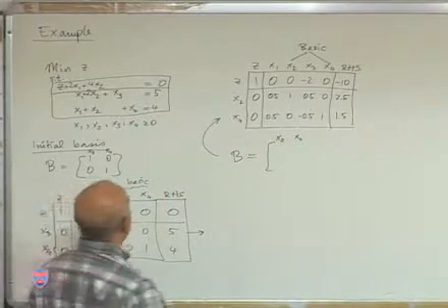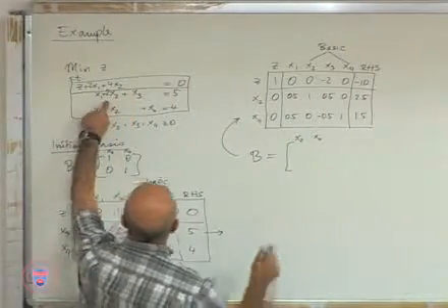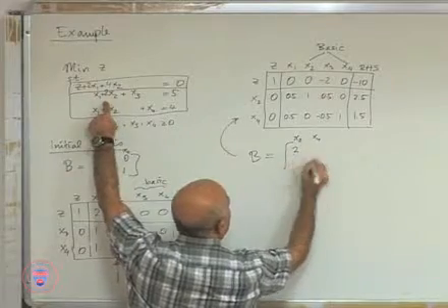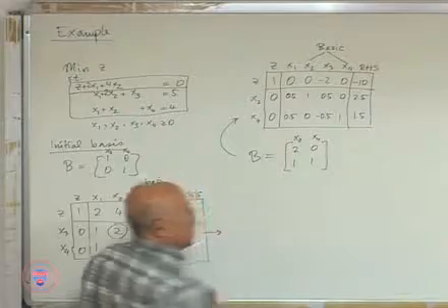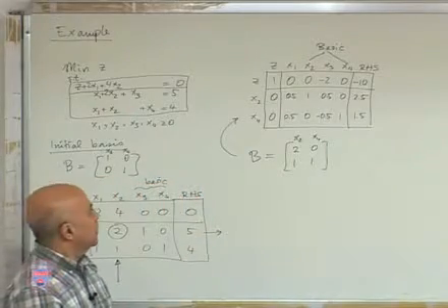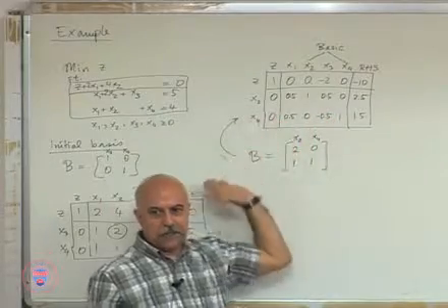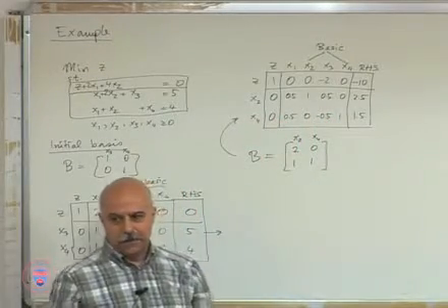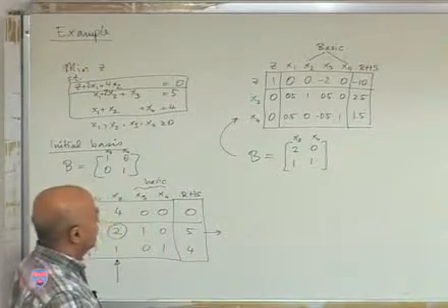The x2 column from the original is 2, 1. The x4 column is 0, 1. So that's your basis here. Of course, you don't see it here because in this tableau, everything is pre-multiplied by B inverse. It's disguised for that reason.